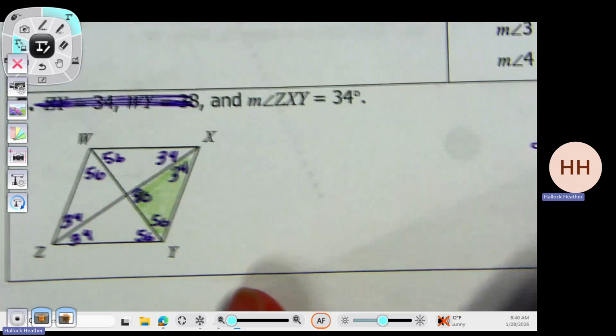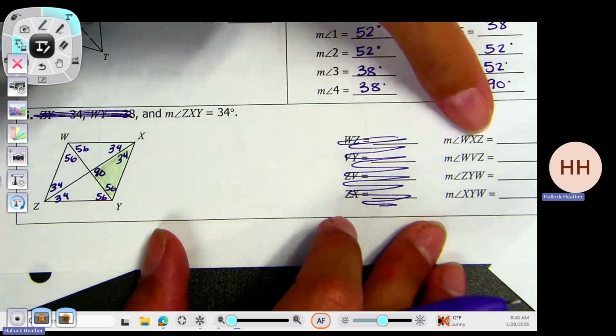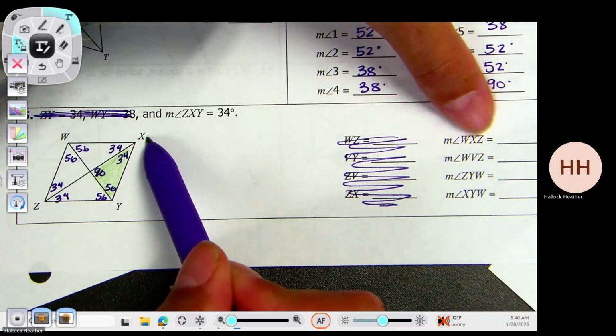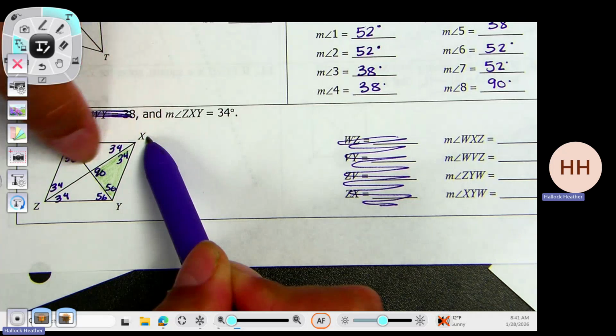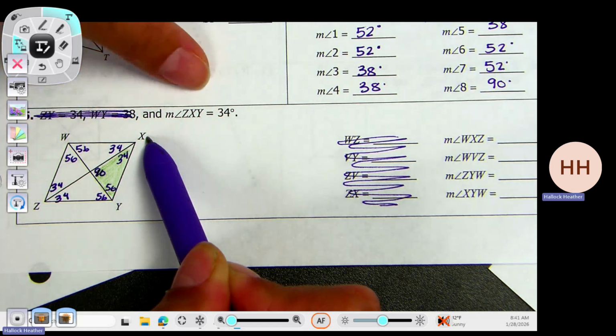So if you haven't tried yet, try to read your 3-letter angles. Remember, it focuses on the middle. So it's focused on X, starting at W, going to X, and jumping across to Z. So how much is that one?